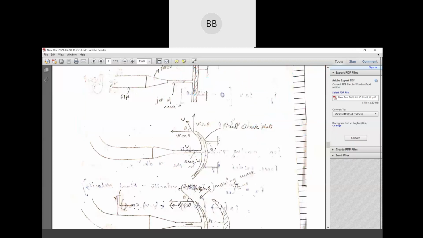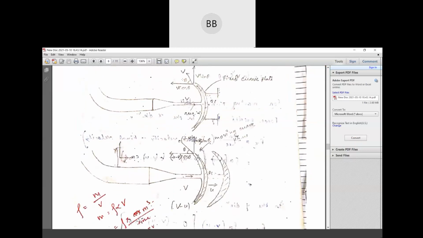Now what is the difference between fixed and moving vane? In fixed, the initial velocity is v before strike, and after strike when it's going out, we are considering the same velocity v only, neglecting the friction losses.